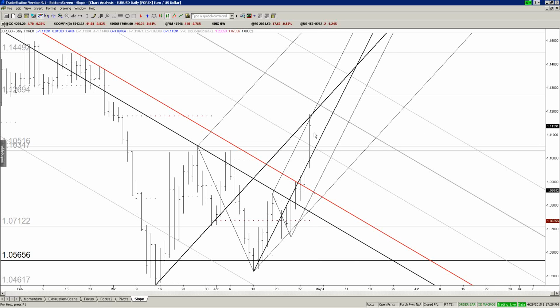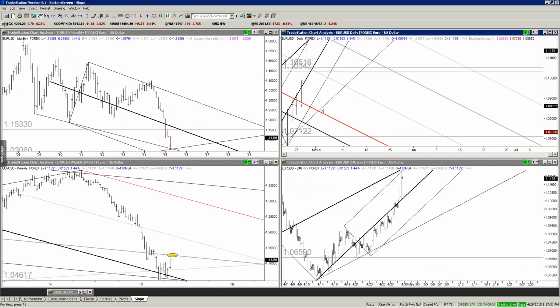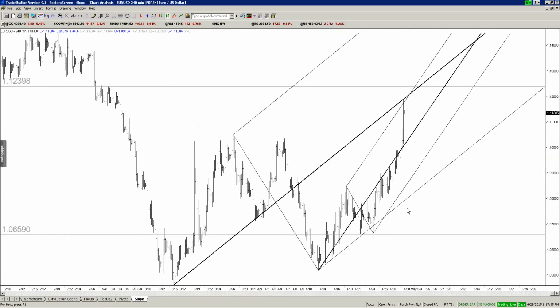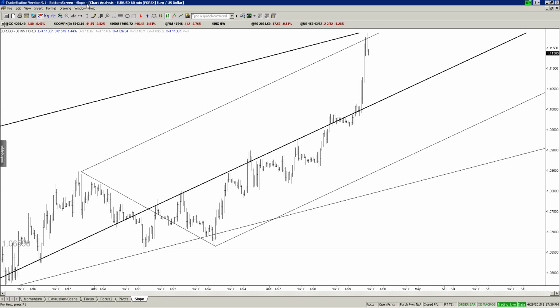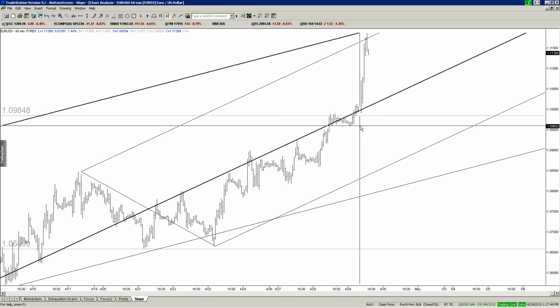And I say, how to get involved in this, like where would you put your stop? There's no need for a very big stop if you do something like this. Let's go to the hourly chart. This is the daily low right here, 109.59. You don't need to put your stop there. You put it here, which is 109.84.